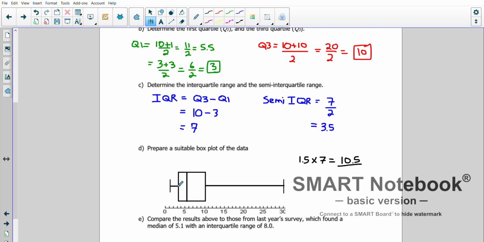So here's the left side of the box at 3. Clearly, if we go down 10.5, we're in the negatives, which isn't possible in the context of this question. So there's not going to be any outliers to the low end. However, if we take this right boundary, I'm going to do the upper boundary to determine an outlier. I'll move it in a second so we don't have this watermark.